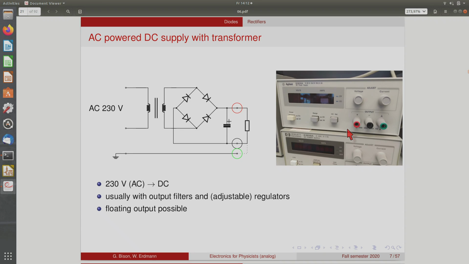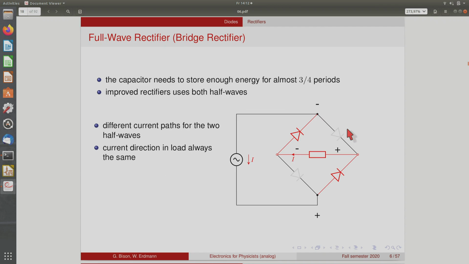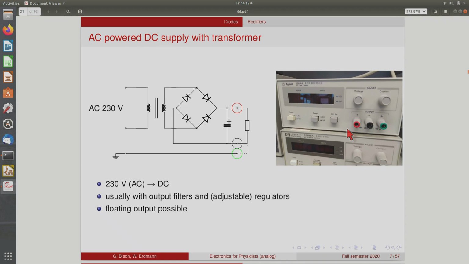Okay, that is very useful because you can then, for instance, stack two of these supplies on top of each other and add two voltages. Or you can operate, for instance, devices that don't need to sit around ground.